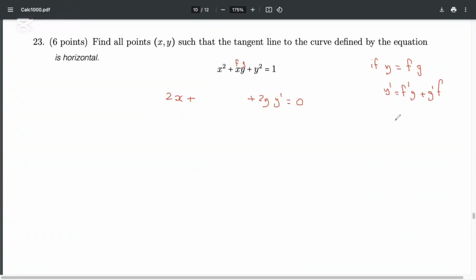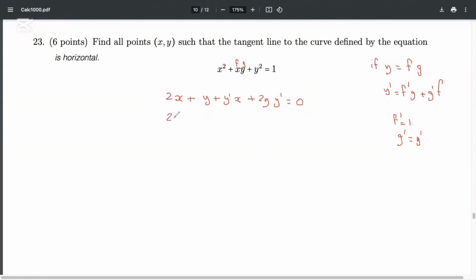Now, f prime of the x is just 1, and g prime of the y is 1 as well, but dy/dx, because the derivative is with respect to x, so we're just going to write g prime is y prime. Now, the product rule tells me f prime, which is 1, we're just not going to write that, times g, which is y, plus g prime, which is y prime, times f, which is x.